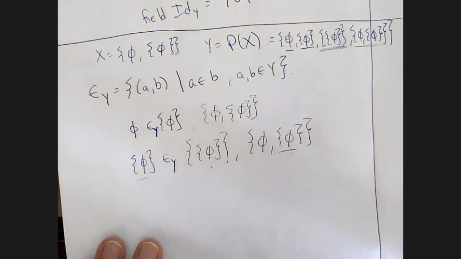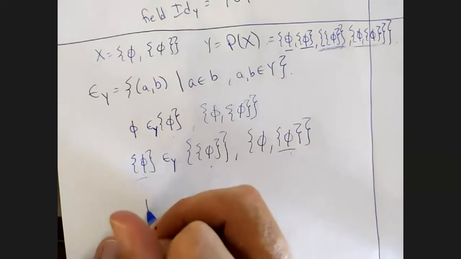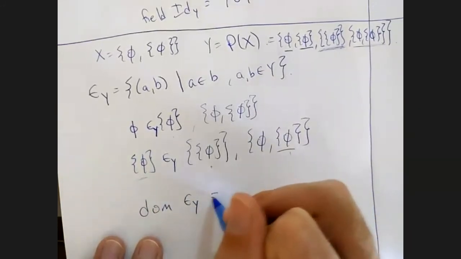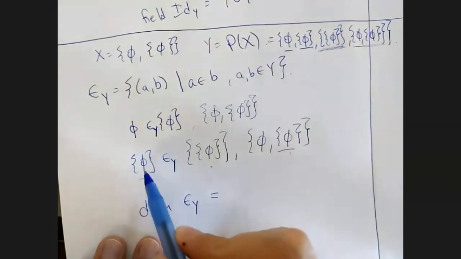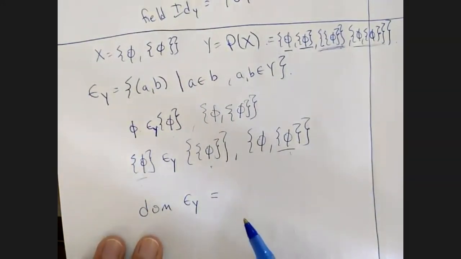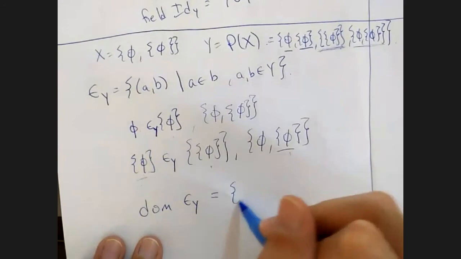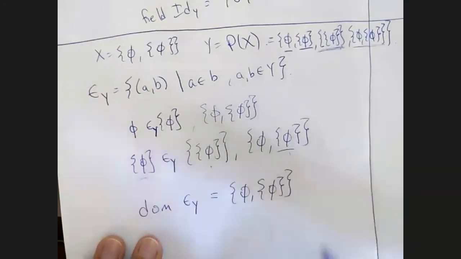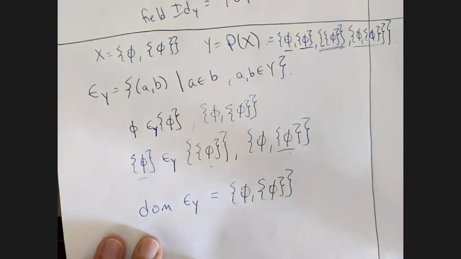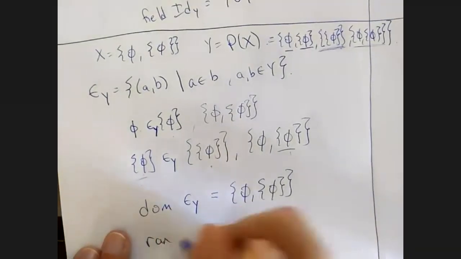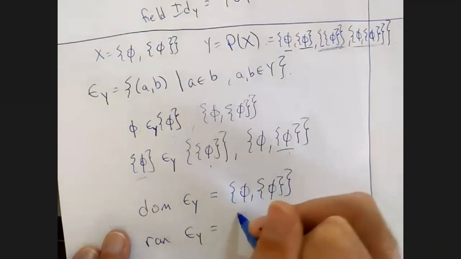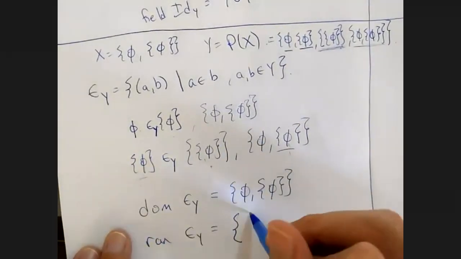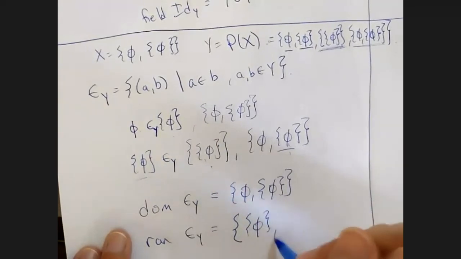That lets us describe the domain and the range. The domain of the membership relation is the things that occur on the left. The range is all the things that occur on the right.